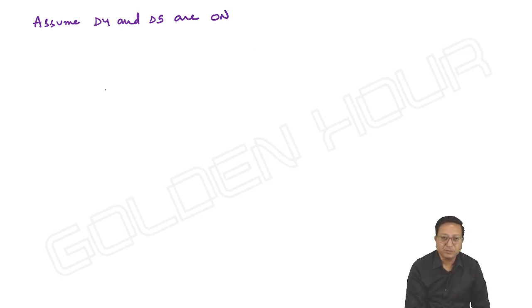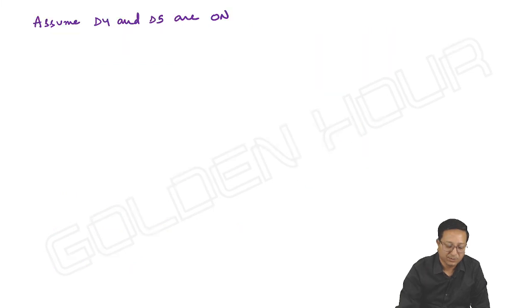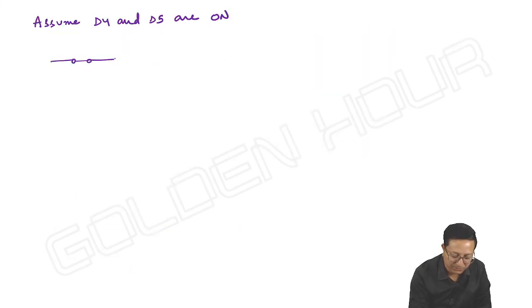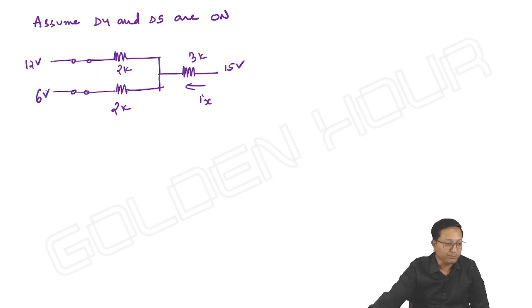Then what is the equivalent circuit? Fifteen volts. This current is Ix. 3 kilo ohm, 2 kilo ohm, 2 kilo ohm, 12 volts and 6 volts. Okay. This is what we can take.